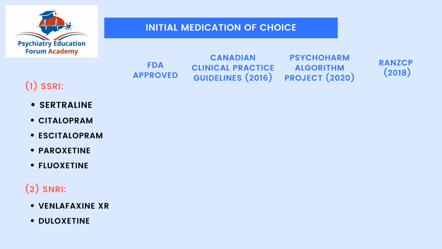Then the Canadian clinical practice guidelines published in 2016. Then the most recent update of the Psychopharmacology Algorithm Project by Harvard South Shore, by Dr. Ozer in 2020. And then the RANZCP guidelines, the Royal Australian and New Zealand College of Psychiatrists guidelines for generalized anxiety disorder, published in 2018.